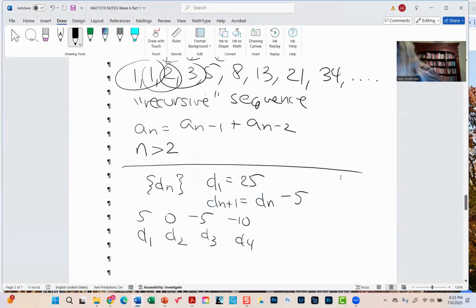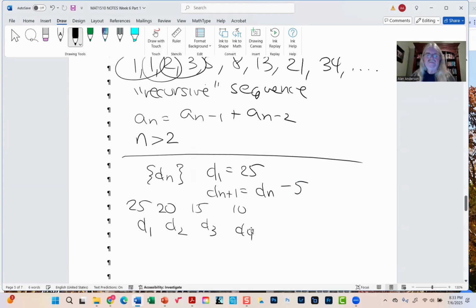Oh, whoops, sorry, I wrote the wrong thing here. This is 20, and this is 15. That's a little bit more like it. Then 10, and then it just keeps going down by 5 every time.